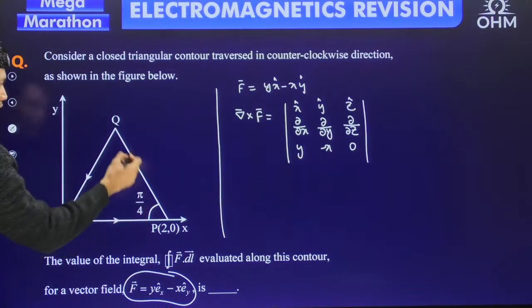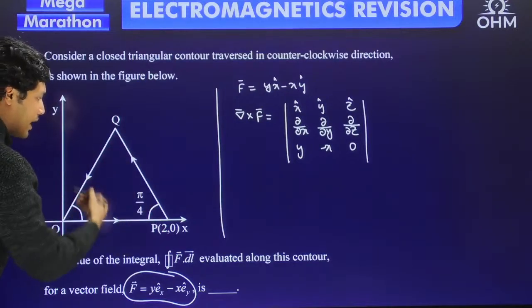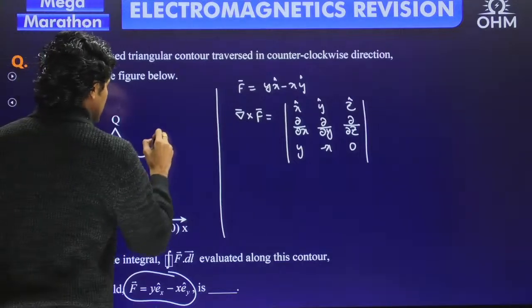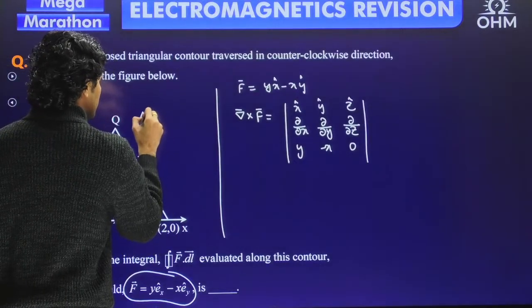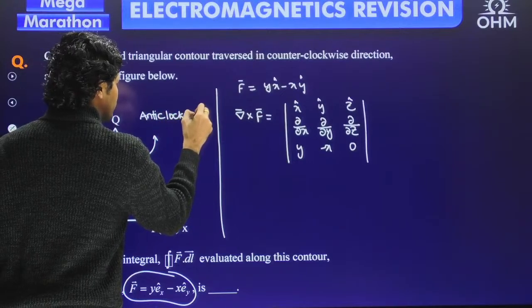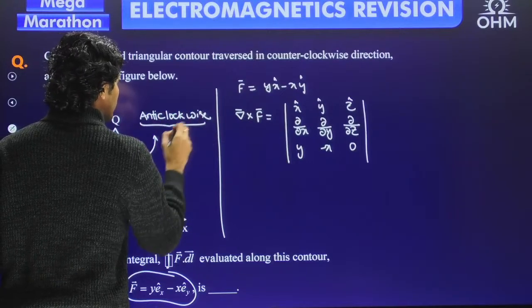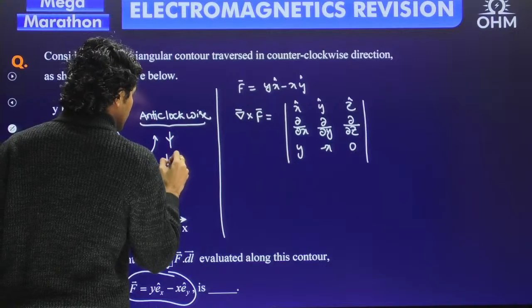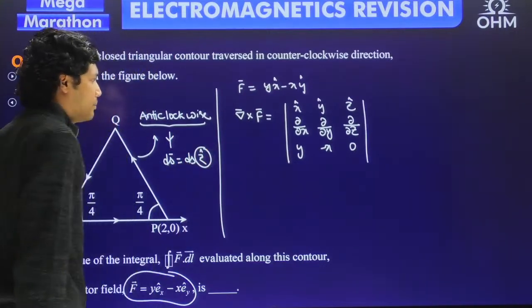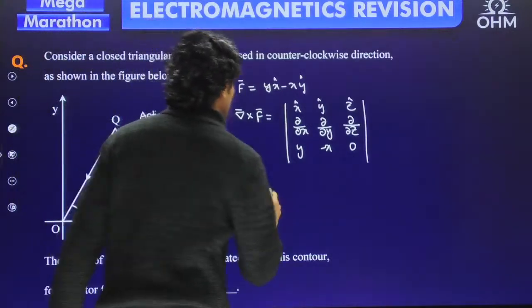In the xy plane, what is the direction of the circulation? Anti-clockwise or clockwise? Anti-clockwise. So here I can see the path is anti-clockwise. Since this is anti-clockwise, ds bar will be along what direction? ds times z cap direction only. I am only bothered about the z cap component here.